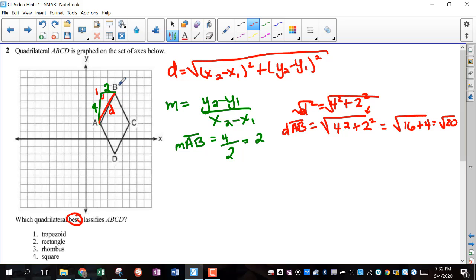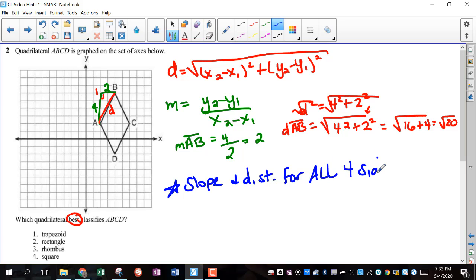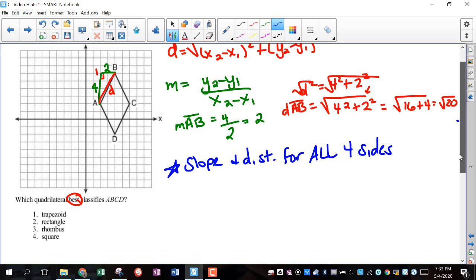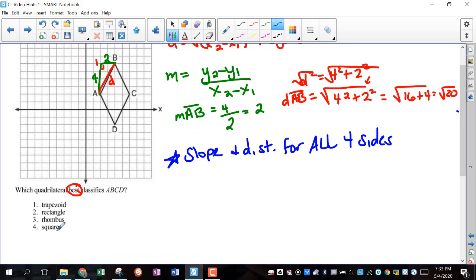Okay? And what you're going to want to do is slope and distance for all 4 sides. And then what you should notice is that should help you identify which quadrilateral you have.